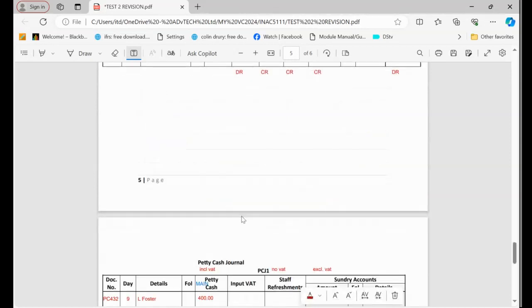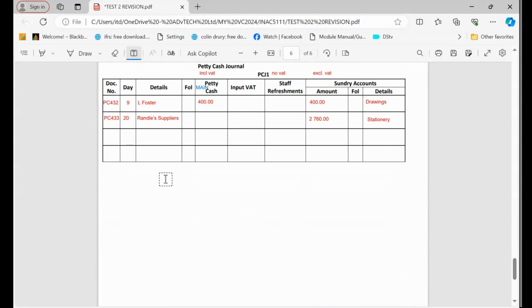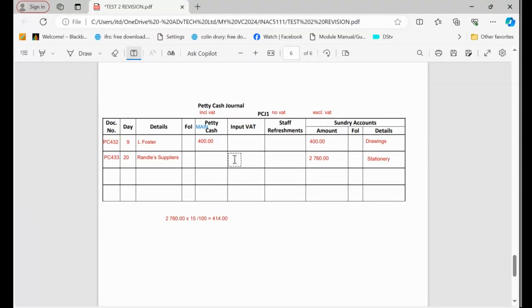I'm going to say this amount times 15 over 100. When we use the calculator, I get something like 414. So 414 is my VAT. Can you see how we calculate VAT?